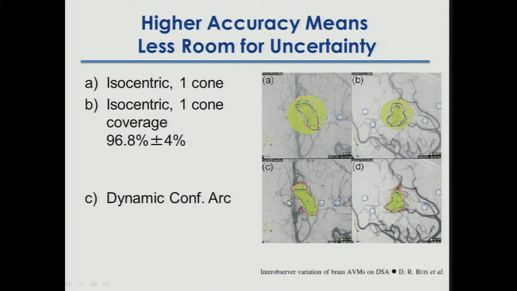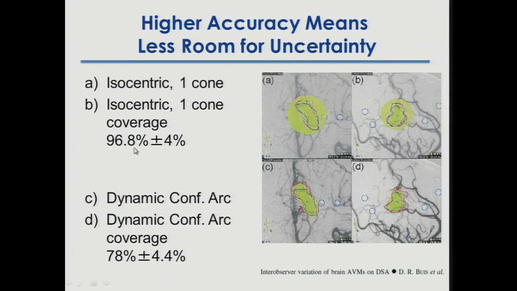C is a dynamic conformal arc plan. If you look at coverage of all the contours here, because you treat so much normal tissue with one cone, necessarily, because you have an irregularly shaped target but a round cone, you have a nice safety margin. If you plan to the average contour here and then take the combined contour, you're only covering about 80% of the maximum combined contour of your MIP, so to say.